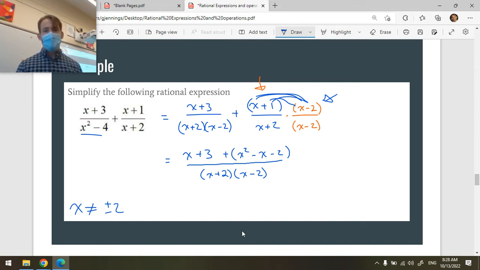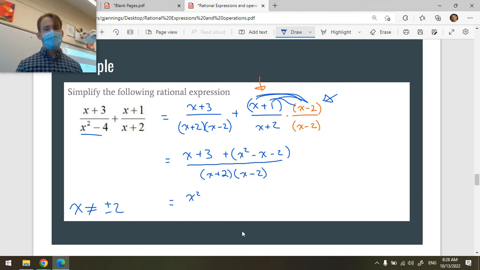And now I'm ready to see how I can add my bx to my bx and my 3 to my minus 2, and now I can simplify this. This is equal to, well, I'm going to first write my x squared terms, because I'm in the habit of writing ax squared plus bx plus c. I'm not in the habit of writing bx plus ax squared plus c. I'm going to move that to the front for standard form. Okay, so I have 1x squared, so I first collect those. x squared.